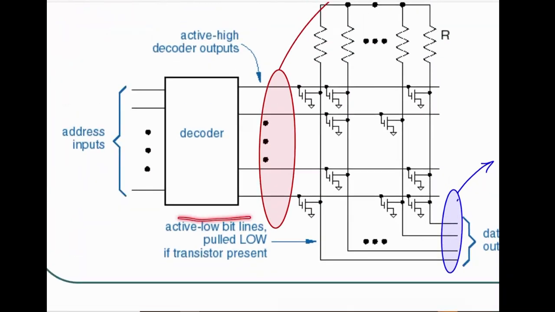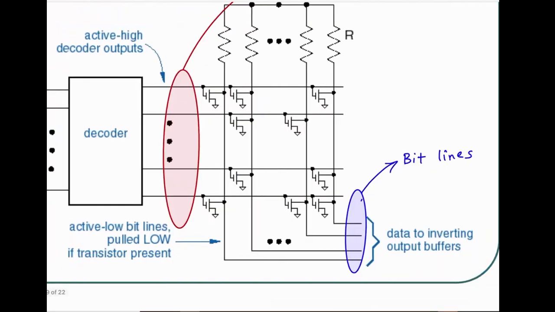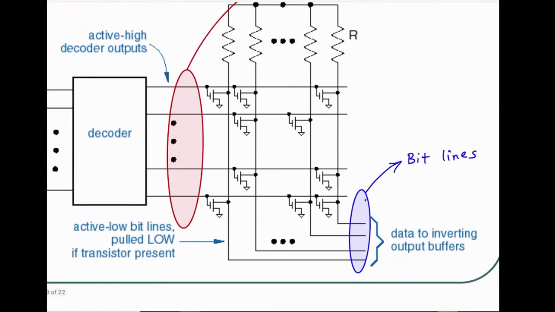Yes, so they are going to be active low bit lines because when the transistor is on, it is going to be pulled low, right? That's when there is a connection between the drain and the source terminals. That happens when the gate voltage is enough to turn on the transistor. But we put a transistor there and we read a 0. That's exactly the reason why we would need inverting buffers for that particular configuration. You see that? Otherwise, we wouldn't.